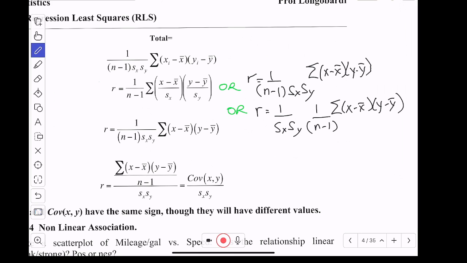All right. So now I can ask you, this is the standardizing piece, by dividing by the two standard deviations. So then what is this? Is this anything special? Anything recognizable? Anything you've seen before in there?